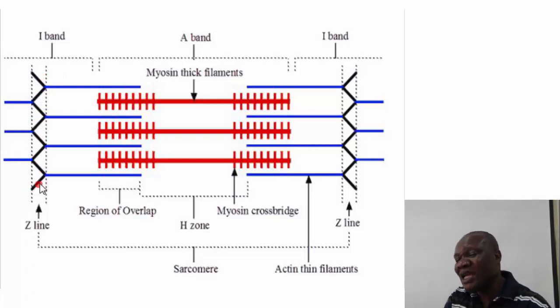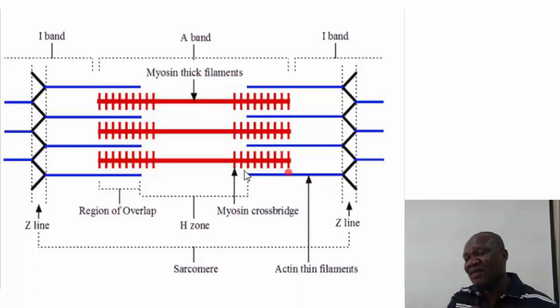Now the region in the muscle from one Z line to the other is called the sarcomere, which is the functional unit of the muscle.